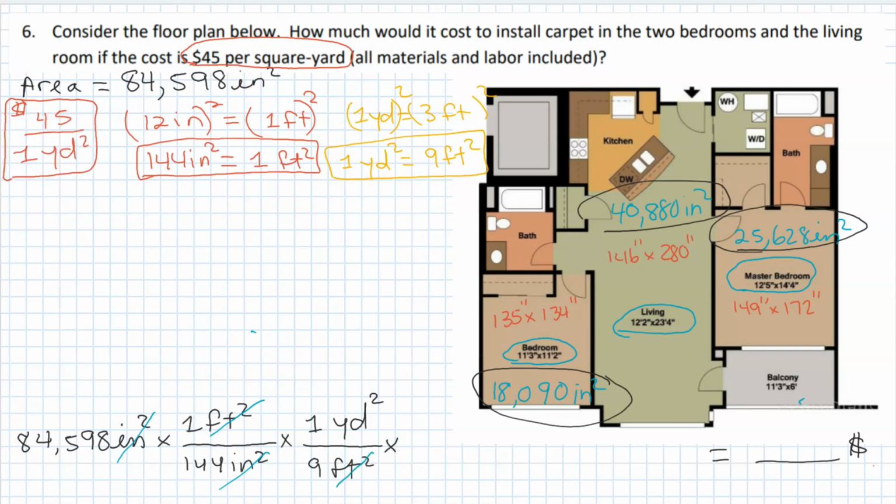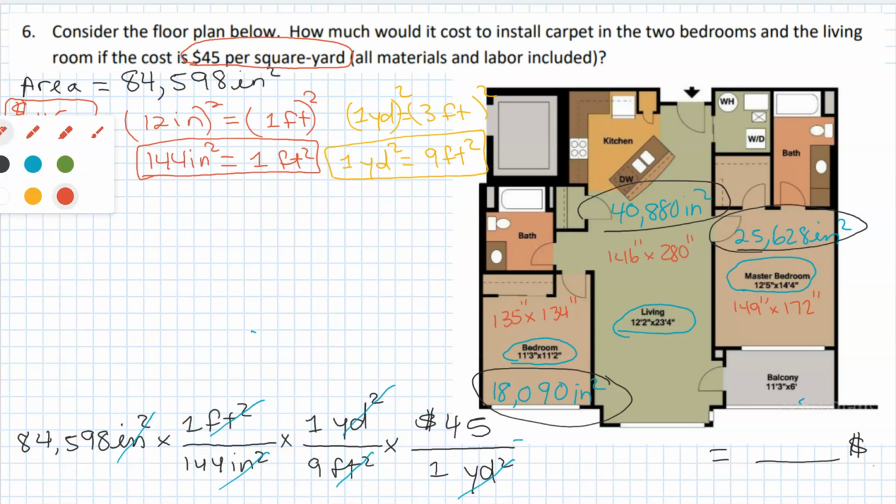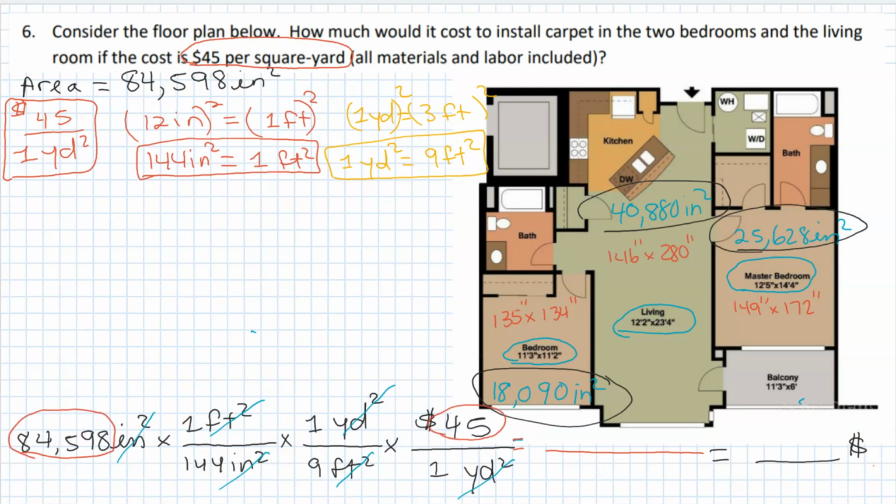And the last thing we're going to put in there is that the company is going to charge us $45 per 1 square yard. So then here you would say square yard, and all we have to do now is go ahead and do the calculations in terms of multiplying. So the numerator will have this number multiplied by 45, and the denominator is going to have 144 times 9.